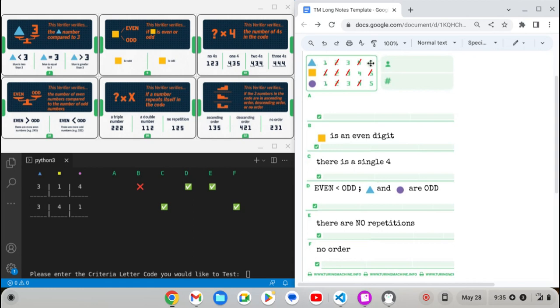So I know that it can't be a 5 for triangle. Okay, so what about if it's 3, it would be 3, 4 with no order. It wouldn't be 3, 4, 5. It wouldn't be 3, 4, 3 because there's no duplicate. So it would have to be 3, 4, 1, and that's what I have so far in my proposal.